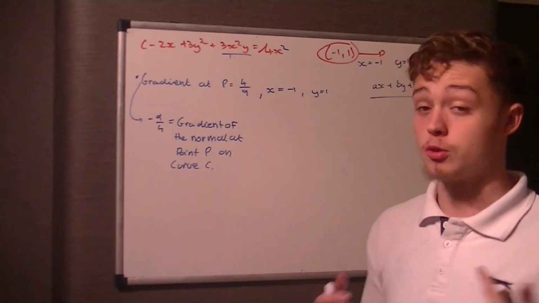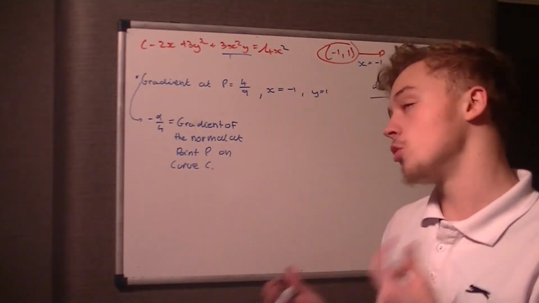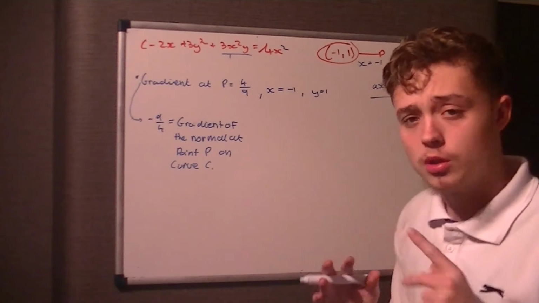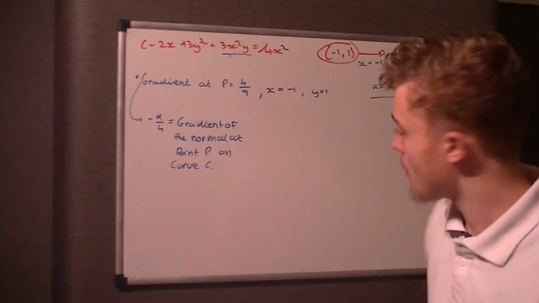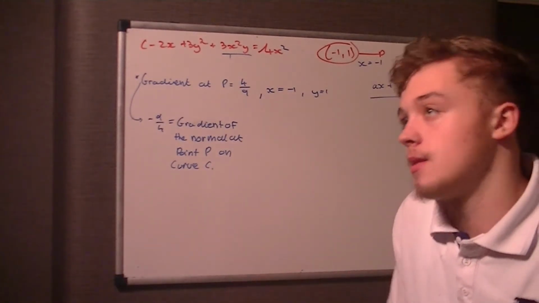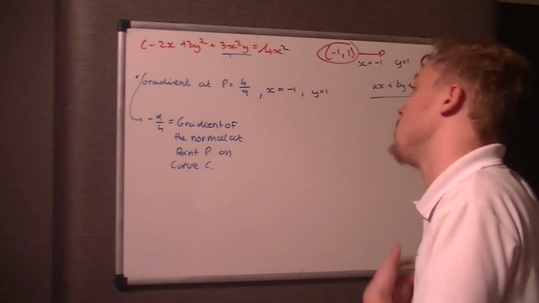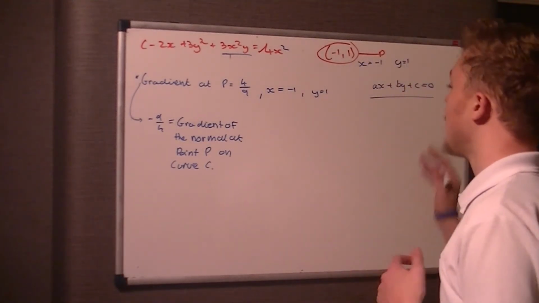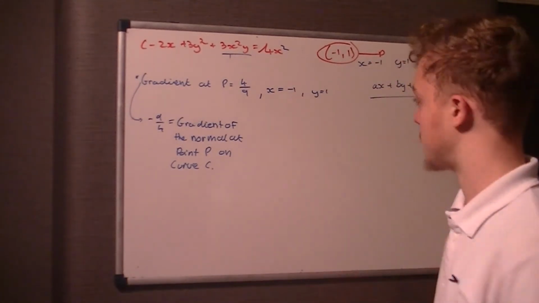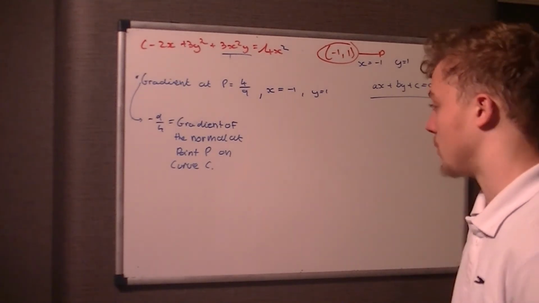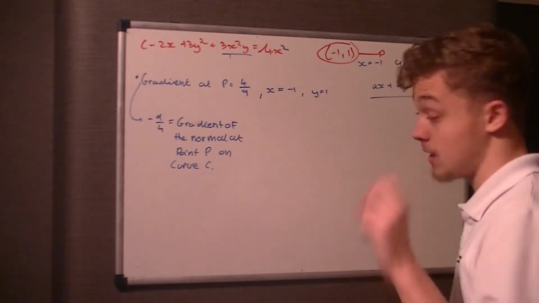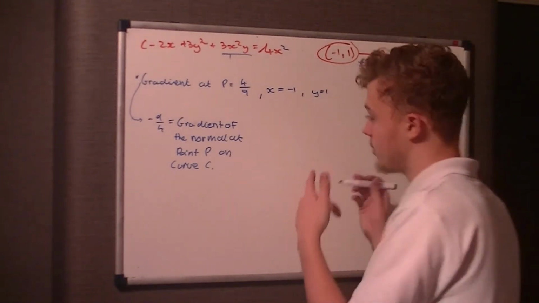It's asking for ax plus by plus c, so to have it in this format, you will always have a gradient which is a fraction. Otherwise you'd end up having 3y equals 2x plus 7, for example, which isn't going to help you very much. Whenever you have this ax plus by plus c equals 0, they're not just doing that for the fun of it. What I'm saying is that when it's in this format, it's generally going to have a fraction.